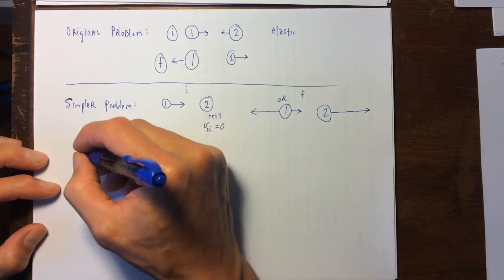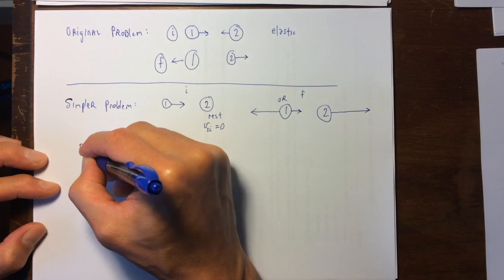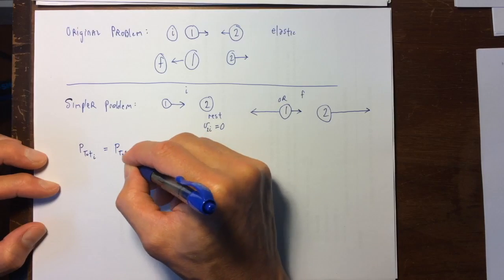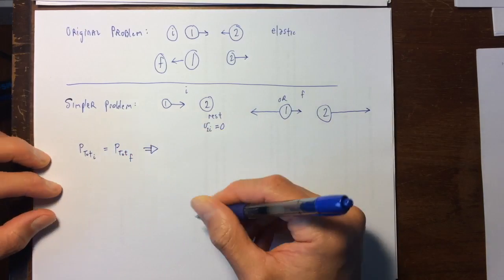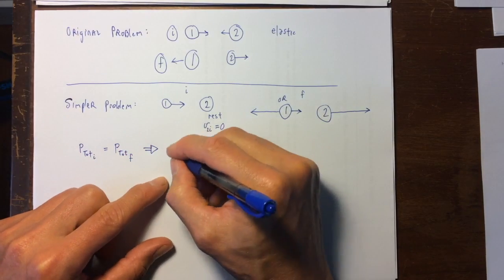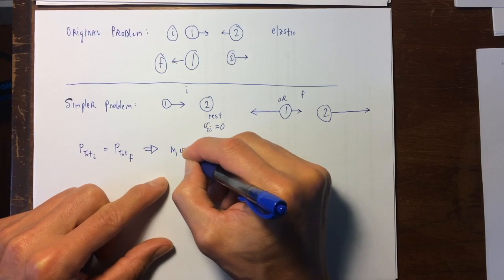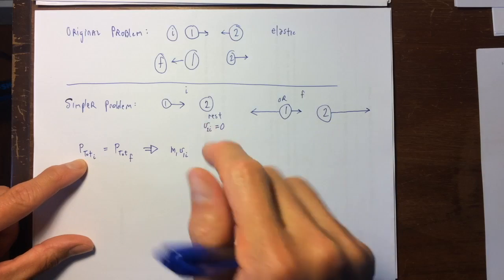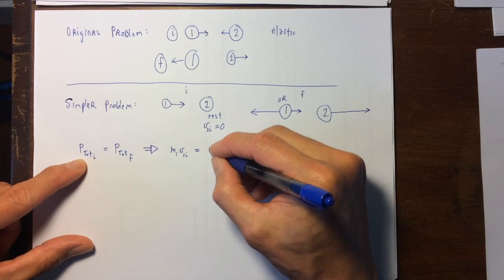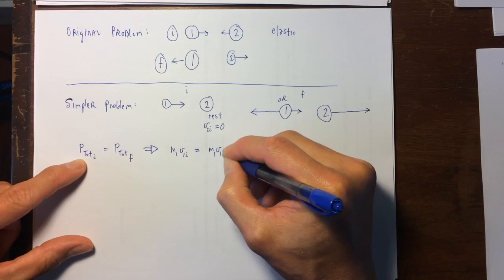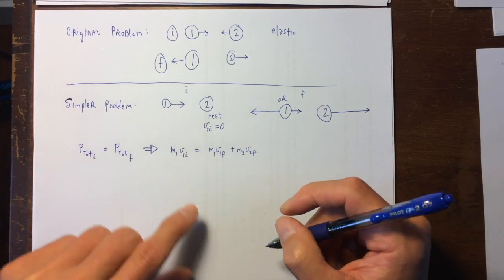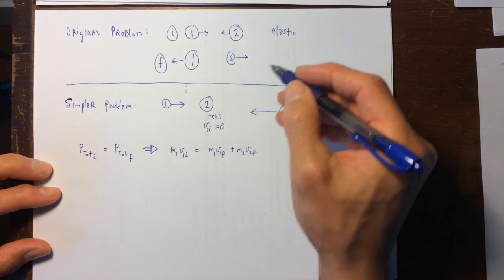So then P total initial equals P total final. This relationship is pretty simple. It just looks like M1 V1 initial, and then M2 V2 initial, which is 0, equals M1 V1 final plus M2 V2 final. And then this is elastic.